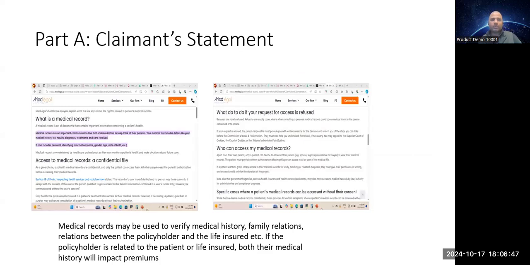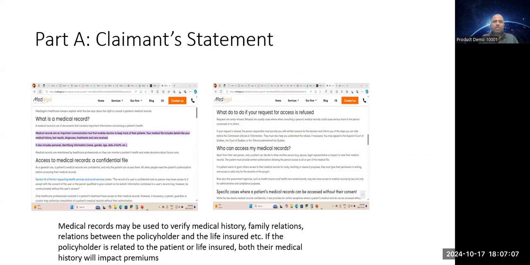When it comes to medical records, these records may be used to verify medical history. They can also be used to verify family relations, relationships between the policyholders and life insureds. And if the policyholder is related to the patient or the life insured, their medical history will impact premiums.